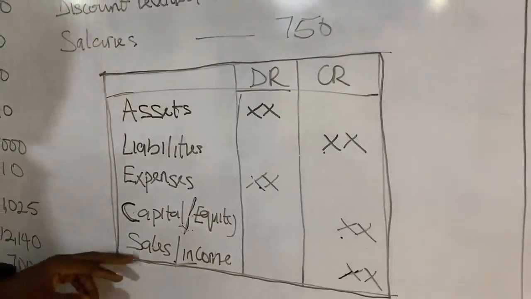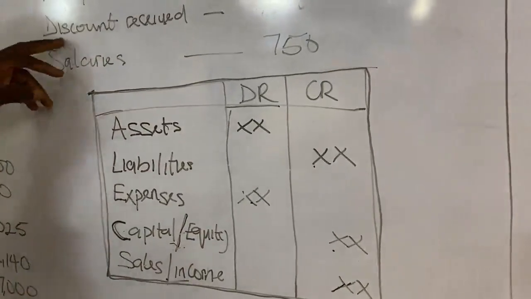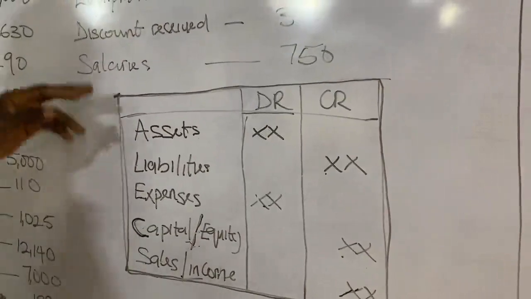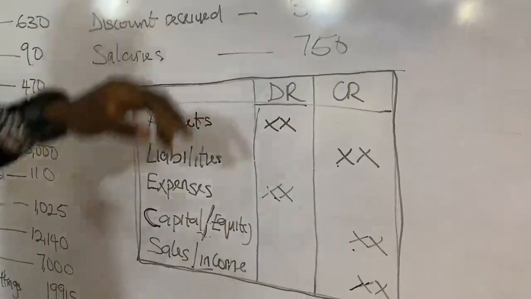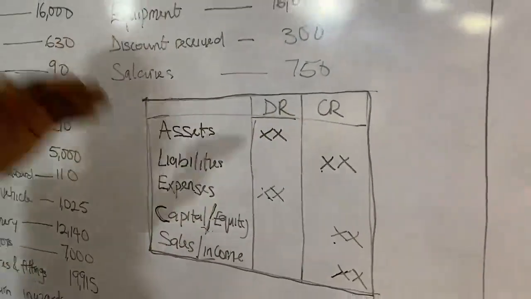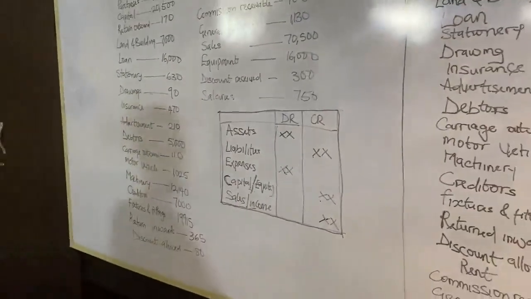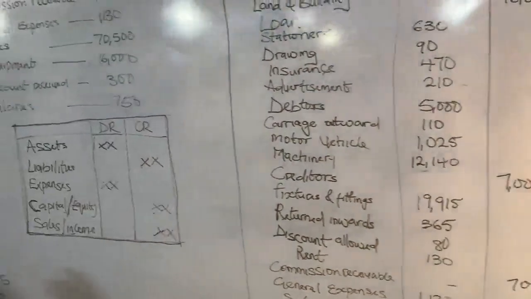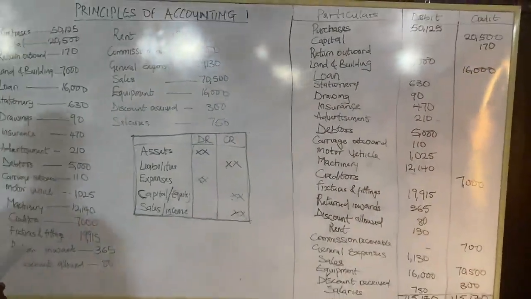Your sales or income, like discount received and commission received, these are income. Your normal sales you make will be at the credit side. So before we move to the final account, we shall look at bank reconciliation statement next.